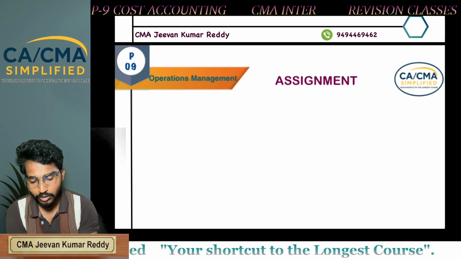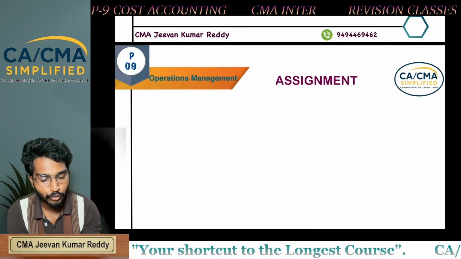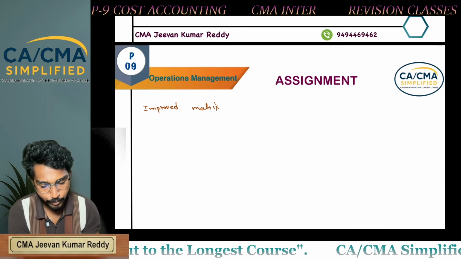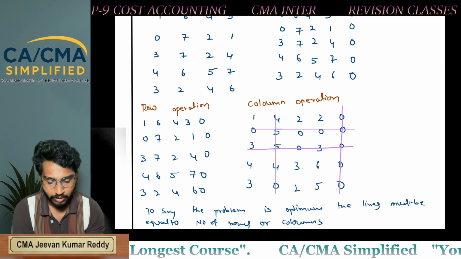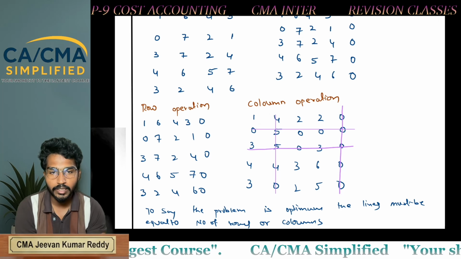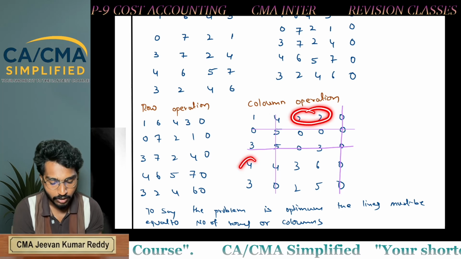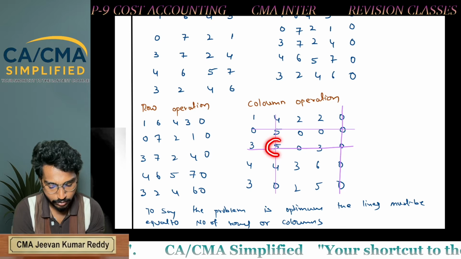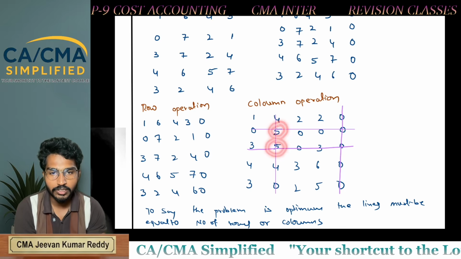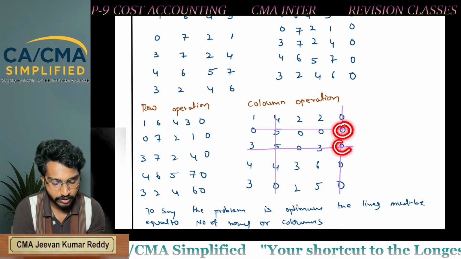What do we need to do? Improved matrix. How to perform the improved matrix? Select the lowest unallocated element, deduct it from all other unallocated elements and add it at the intersection point.